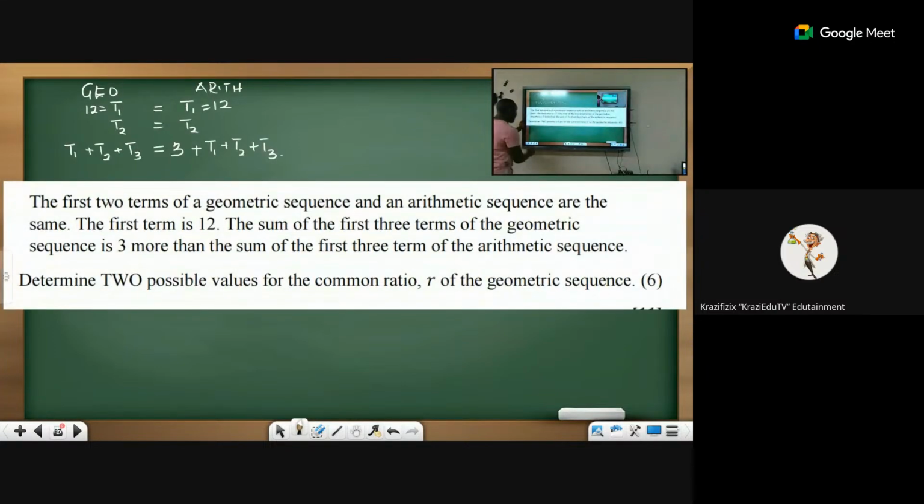Okay. So what is my geo? It is AR squared. It is 12R squared. What is my arithmetic? It is A plus D. That's what we know. The first two terms. But my A is what? 12, right? Okay.